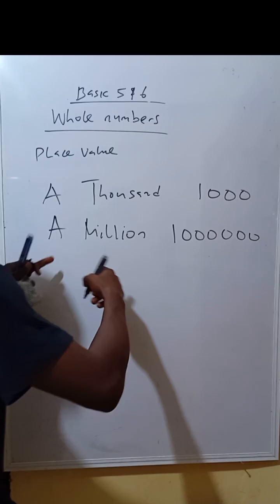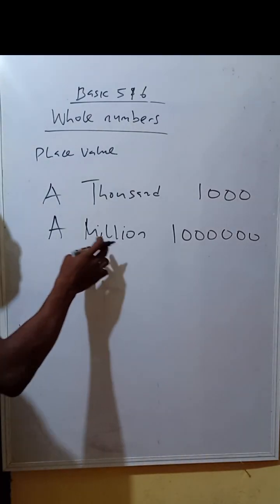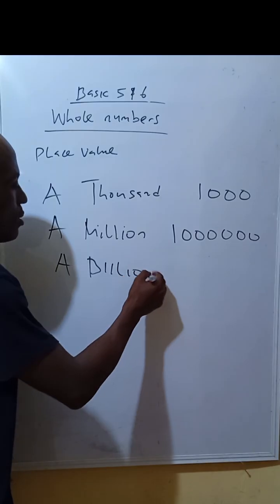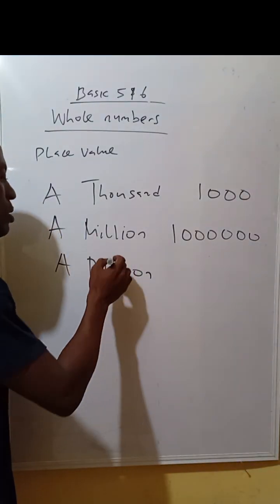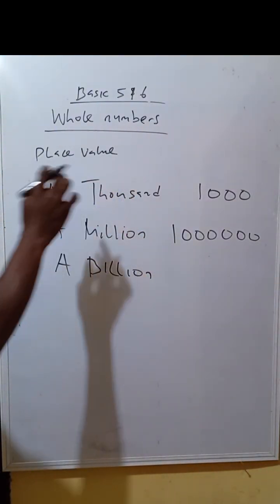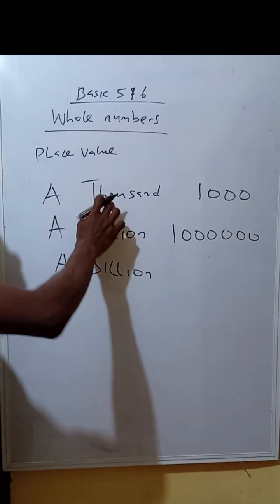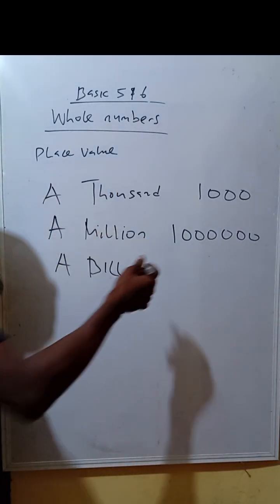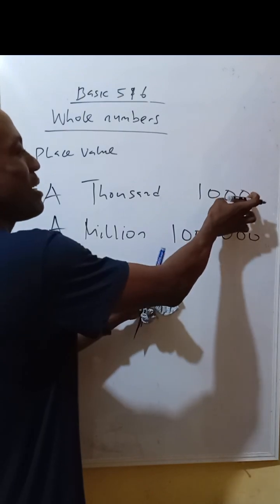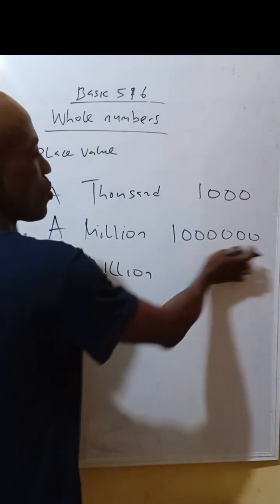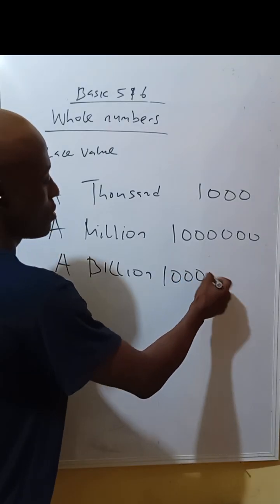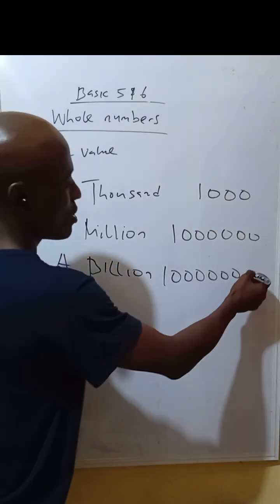Then the next will be billion. A billion is 1,000 million. That means you have a million and you add three zeros to the back of it.